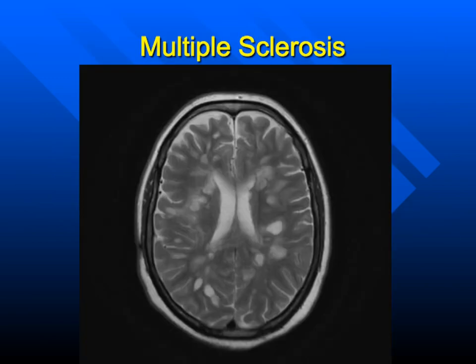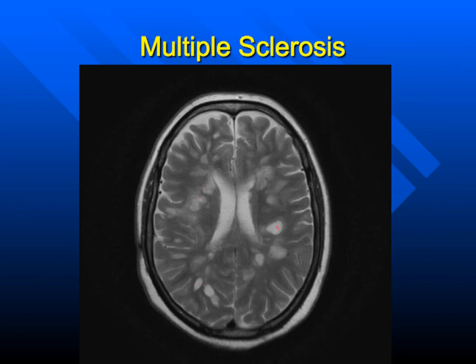For example, this is multiple sclerosis. Multiple sclerosis is a nervous system problem. It is when the axon of the neuron loses the myelin sheath, the white material. On an MRI image, which this one looks like a T2 weighted image, you will see these white spots, especially around the corpus callosum. These white spots are an indication of multiple sclerosis.